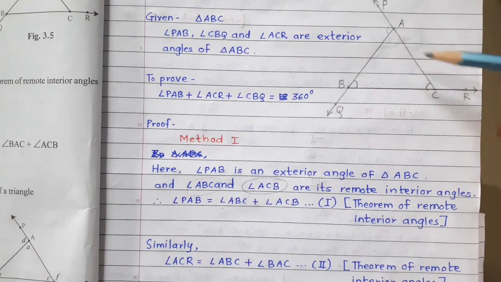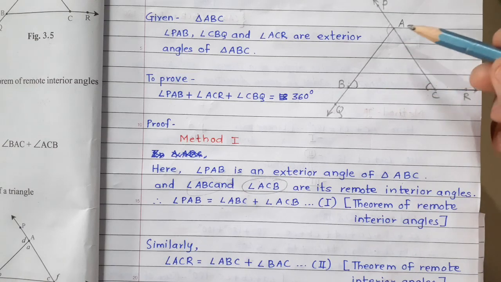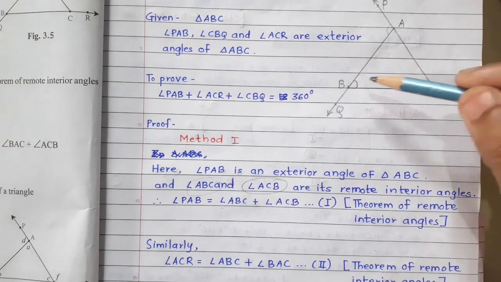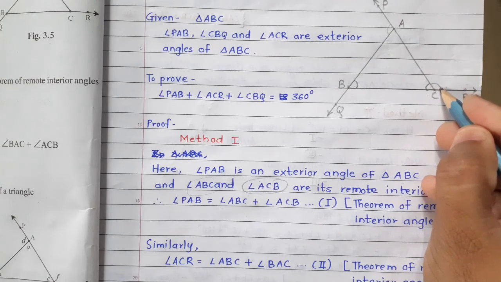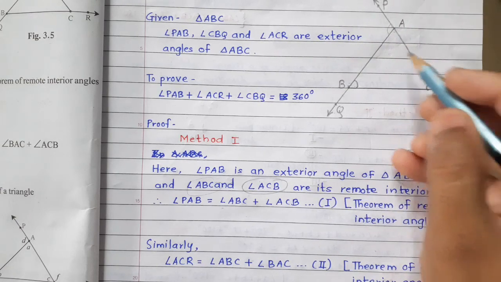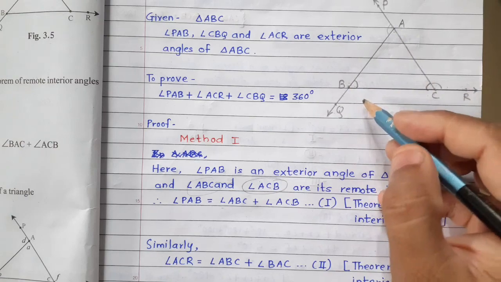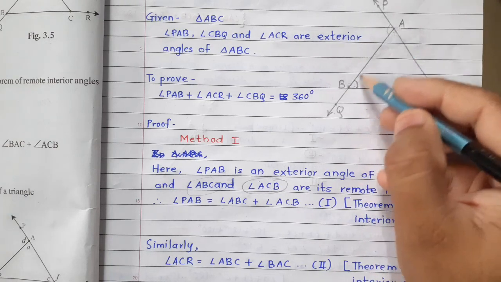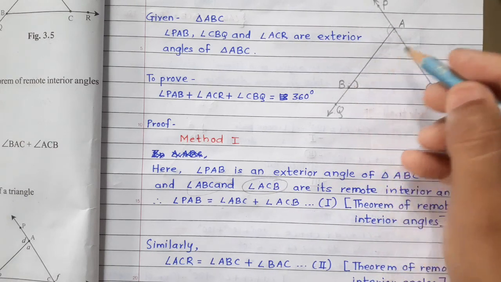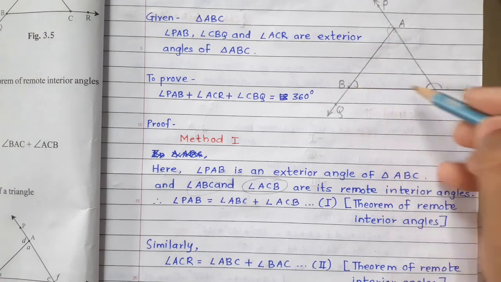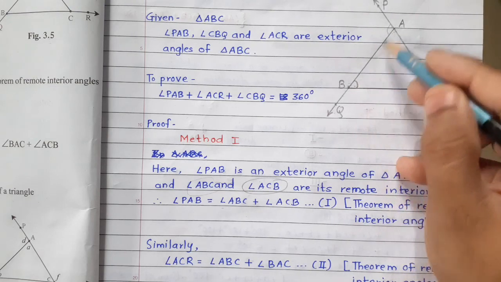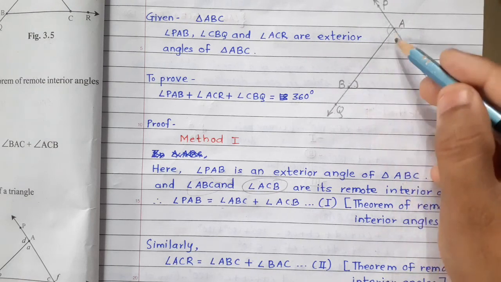Similarly, angle ACR is an exterior angle of triangle ABC, and angle ABC and angle BAC are its remote interior angles.